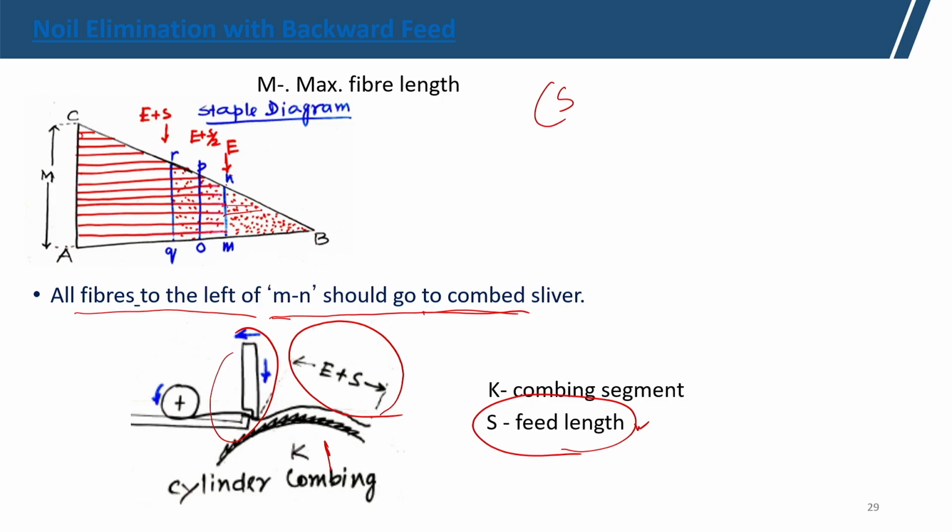So, effective length will be E plus S. Now, in the second condition, the E plus S length will be QR. QR is the length.